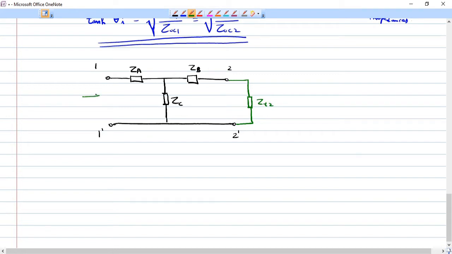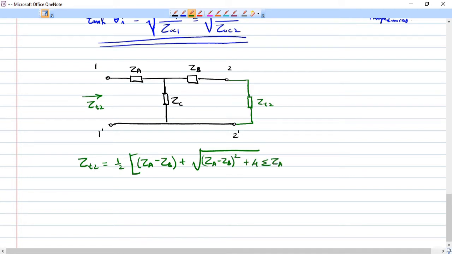Now what is this Z2? We have derived the expression like Z2 is equal to half of ZA minus ZB plus root of ZA minus ZB whole square plus 4 sigma ZA ZB, where sigma ZA ZB is ZA ZB plus ZB ZC plus ZC ZA.